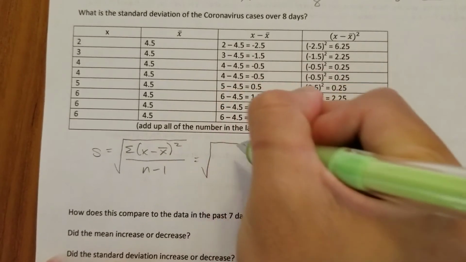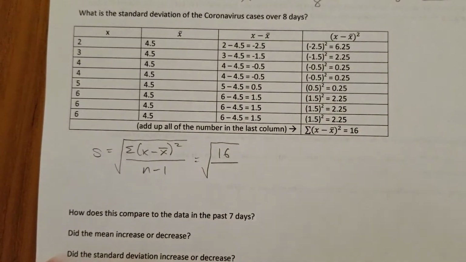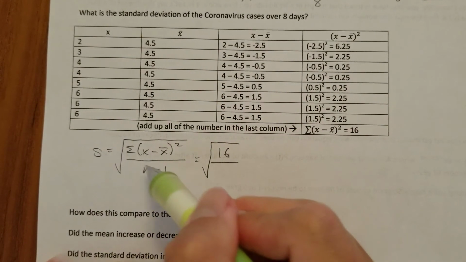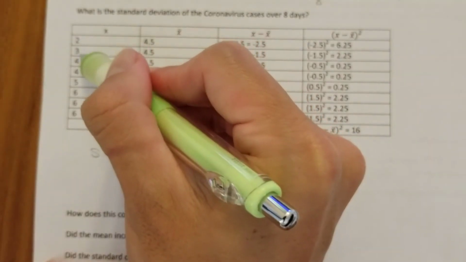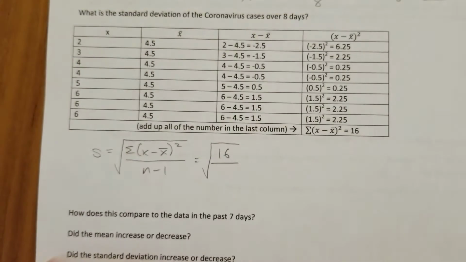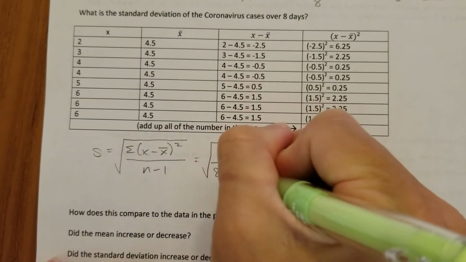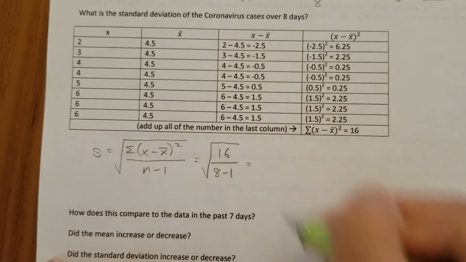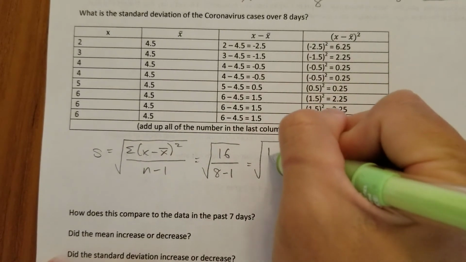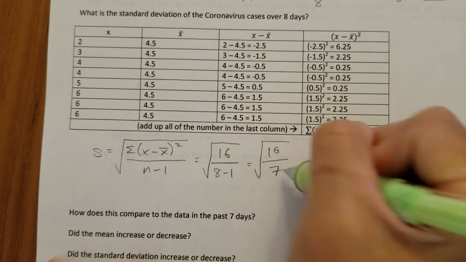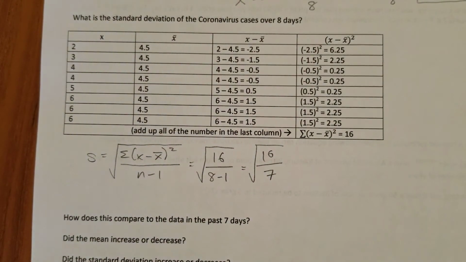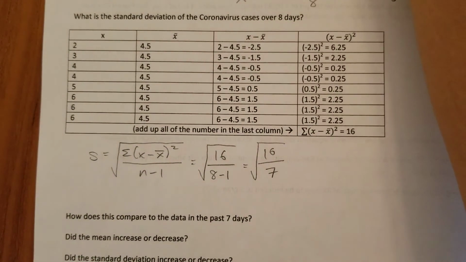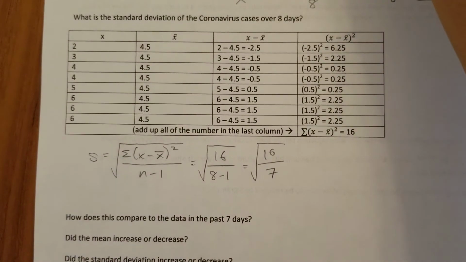So we're finding the square root of 16 over the number of samples we have. We have 1, 2, 3, 4, 5, 6, 7, 8 samples. So 8 minus 1. So this is the square root of 16 divided by 8 minus 1, which is 7. Now we need to find the standard deviation.